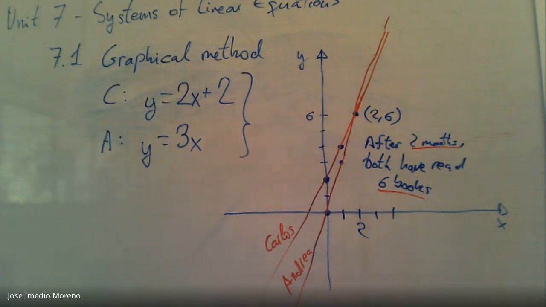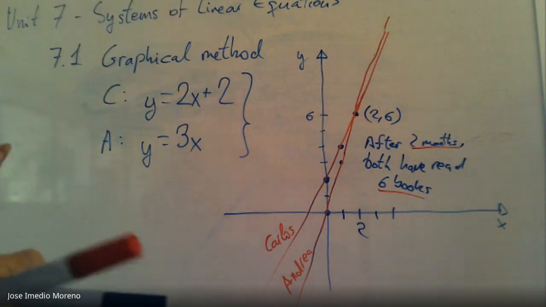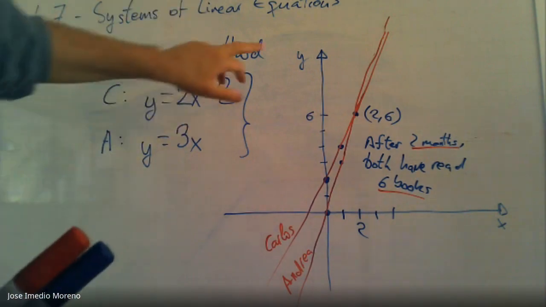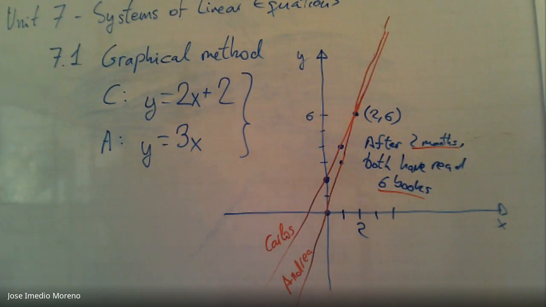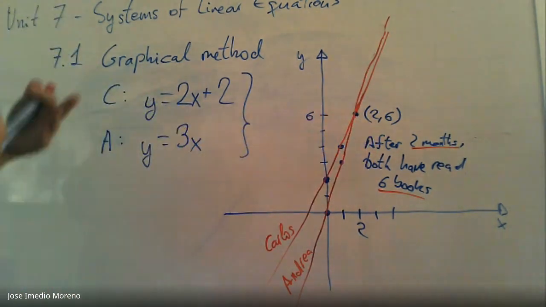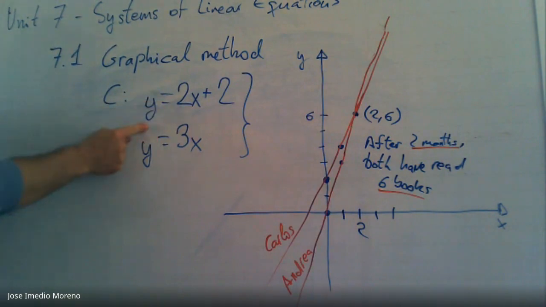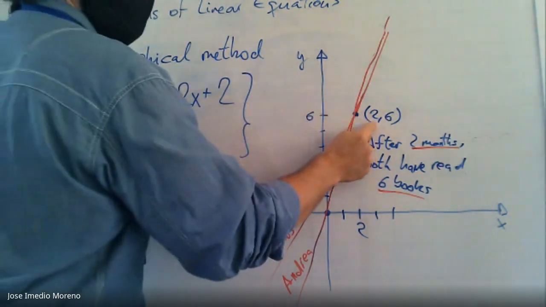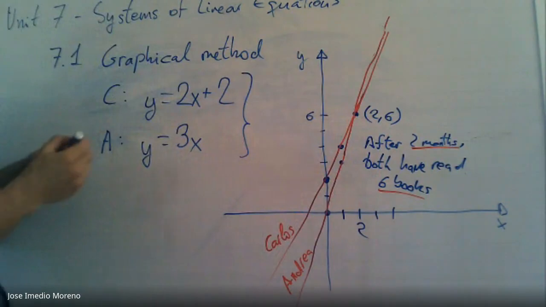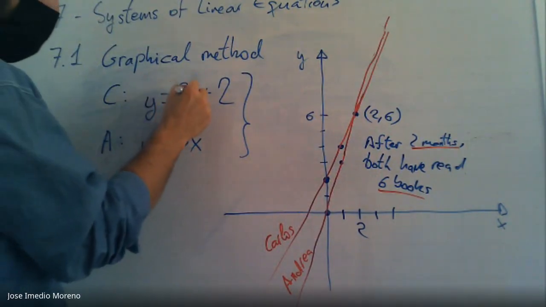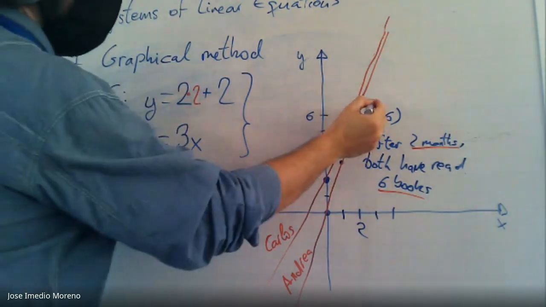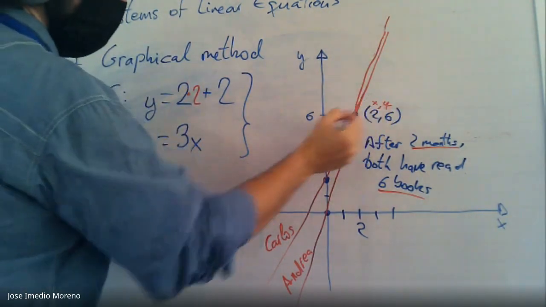Solving systems of linear equations means I have to find the point that makes these 2 equations true at the same time, and I can prove it. Once I found this point, I can prove it by replacing the values. Remember this is the x coordinate and this is the y coordinate.